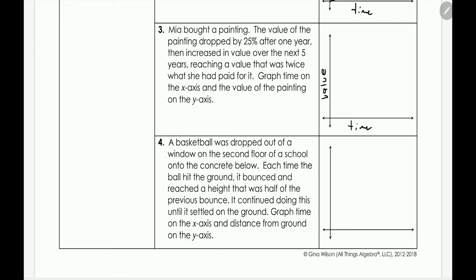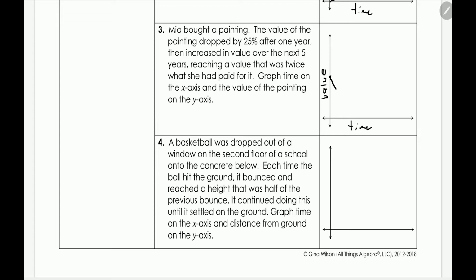Okay? Now, this one we have to be a little bit more precise with, because we have 25%, and it doubled after 5 years. So, let's start about in the middle of value, so it's a little bit easier to determine. So we'll say that the value of the painting started here. After 1 year, it decreased by 25%.